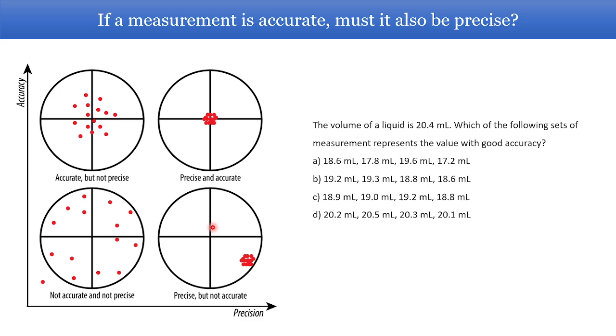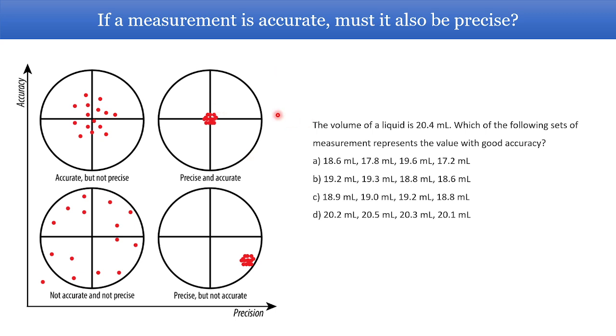So it can also tell you whether your instrument has any kind of error or not. That is why the measurement is very, very important. Now this is precise as well as accurate because the mean value is very close to the center, as well as the dots being very close to one another.